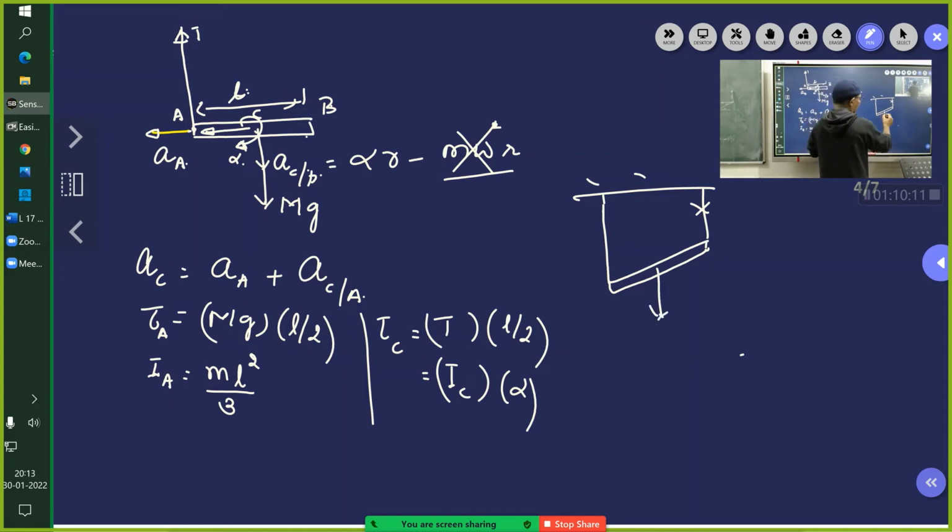We said at that point AC was in this direction, with components AT and AR. Therefore AT will be equal to AC cos theta, and AT will be alpha into R, alpha into the distance L by 2. You remember that?